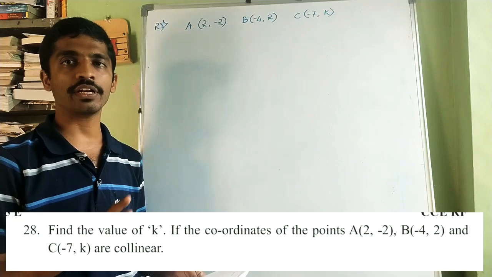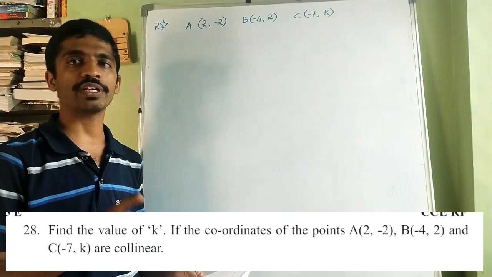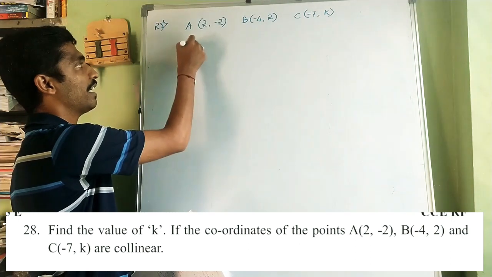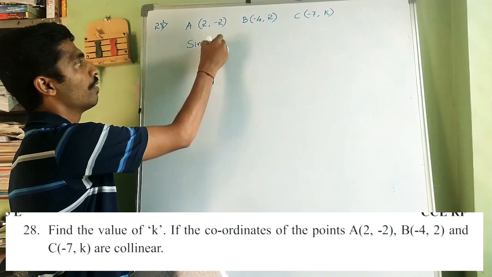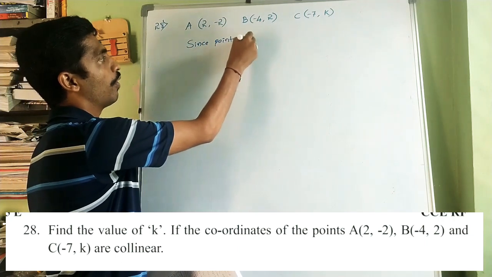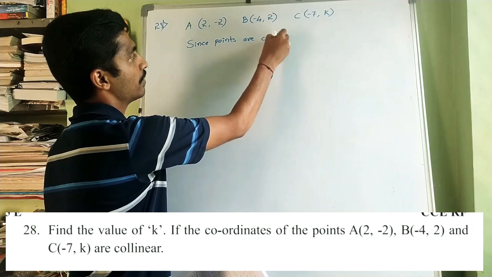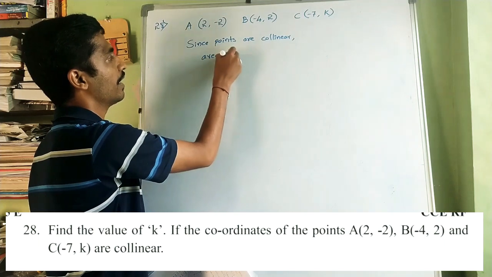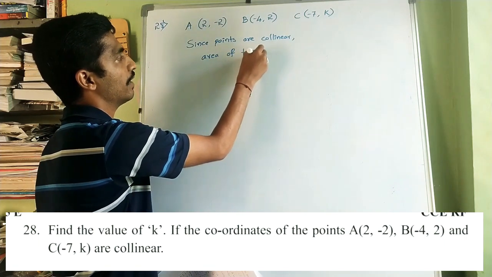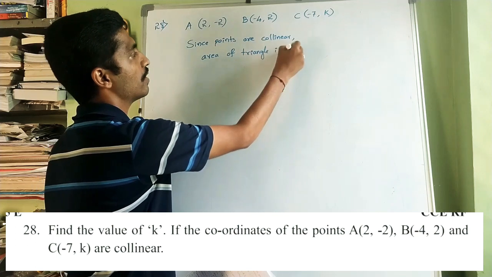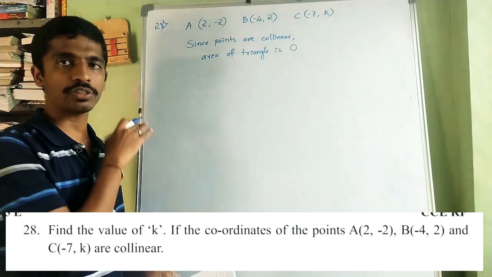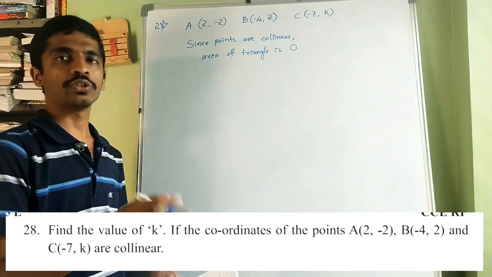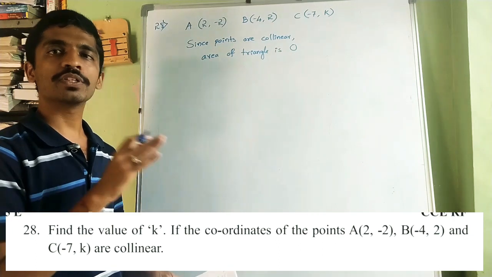They clearly mentioned here that the points are collinear and we have to find the value of K. So if the points are collinear, then the area of triangle will be 0, since the points are in a straight line, collinear, so they can't form a triangle. So if you take the area of triangle, it becomes 0.